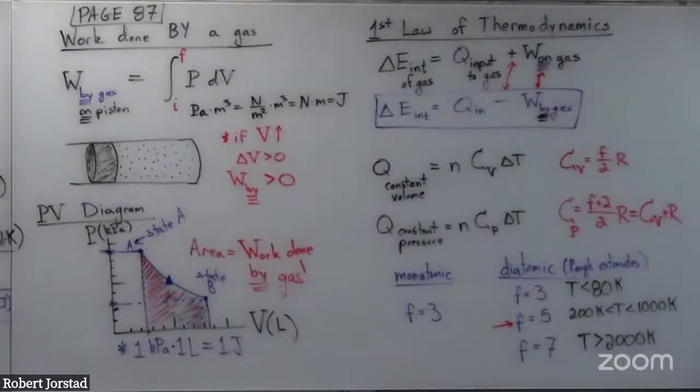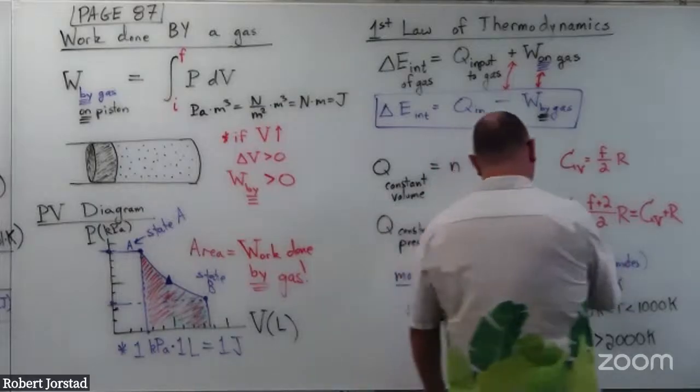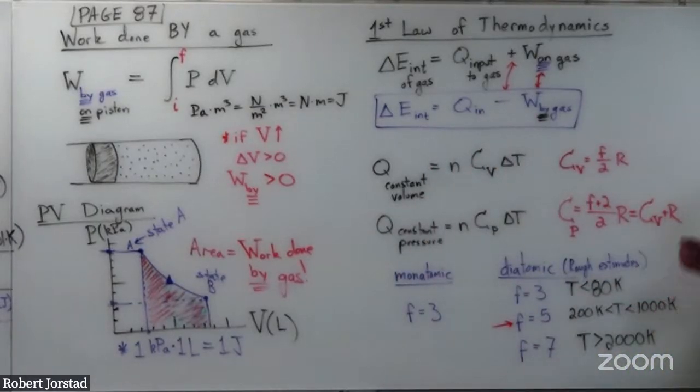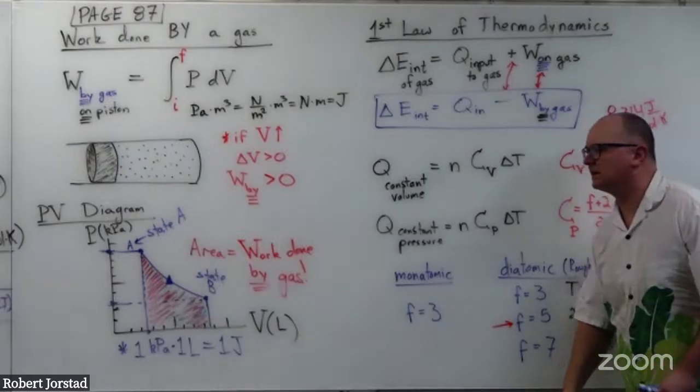We know the degrees of freedom because we're in this temperature range for the entire problem. And so notice we can get CV and CP. R is 8.314 joules per mole Kelvin.